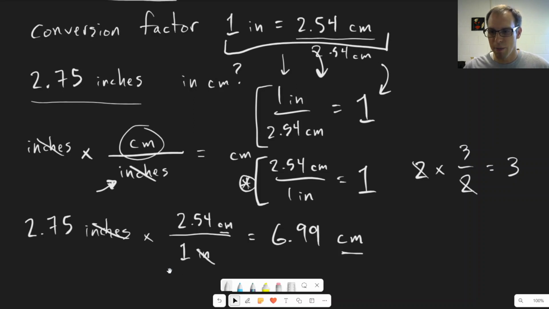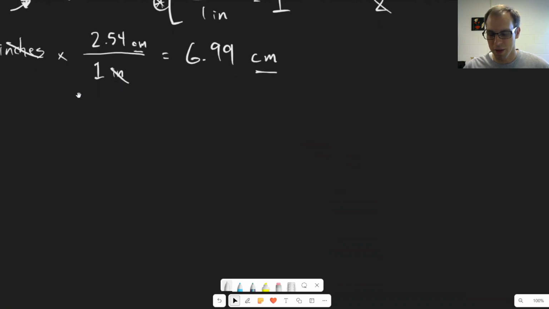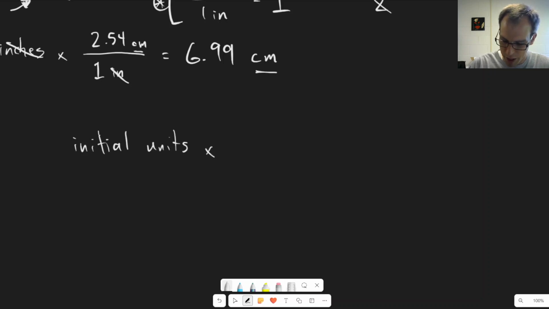To make this a more generalized version, we have something that has some initial units. We multiply by a conversion factor that will have the initial units in the denominator, on the bottom of the fraction, and our desired units on the top of the fraction.